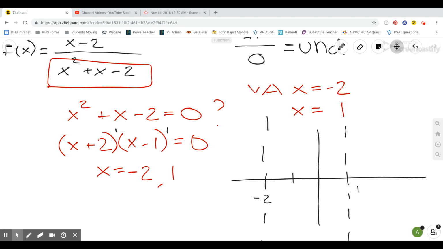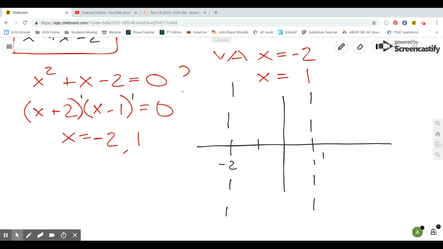What that is going to tell you when you begin to graph this is that around the vertical asymptote, you are going to be going in opposite directions. So you're either going to have one side of the vertical asymptote going to negative infinity and the other going to positive infinity, or the other way around, where this side will be going to positive infinity and this side will be going to negative infinity.